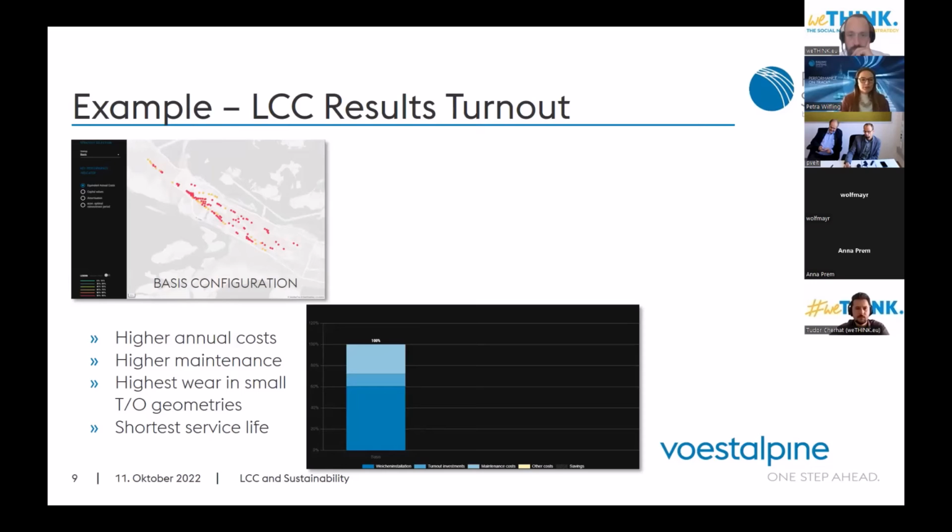For example, here you see the basis configuration. The turnouts are marked red and orange. That means these turnouts have higher annual costs. This is traced back to the higher maintenance demands, the shorter service life, and the higher wear in the small turnout geometries.